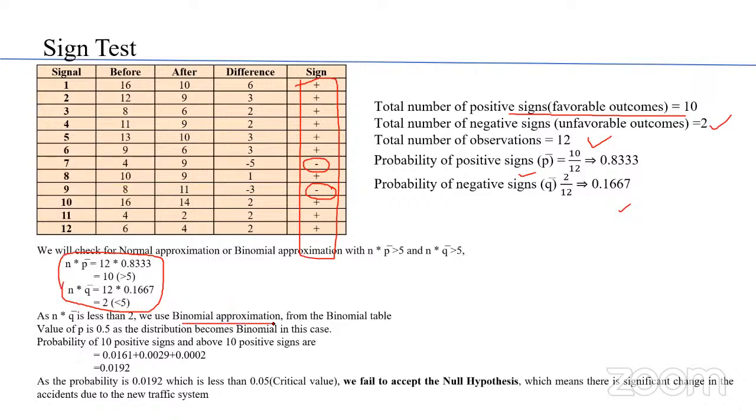If you look at the binomial table, we get the probability as 0.0192. As you are testing at 0.05, which is greater than this probability, we reject the null hypothesis. That means there is a significant change in the accidents due to the new traffic system.